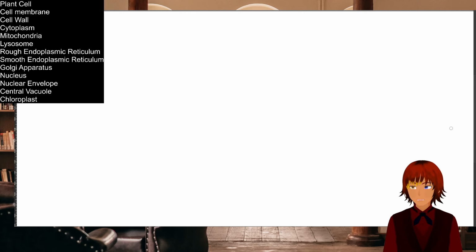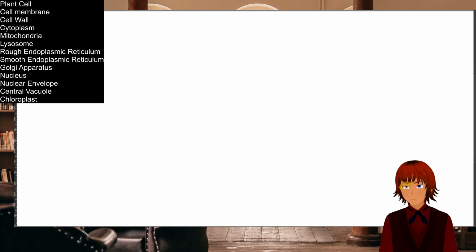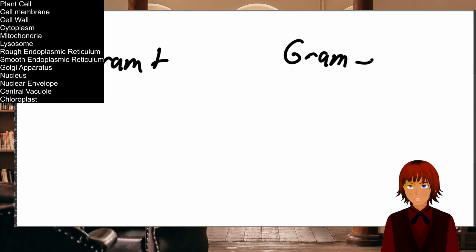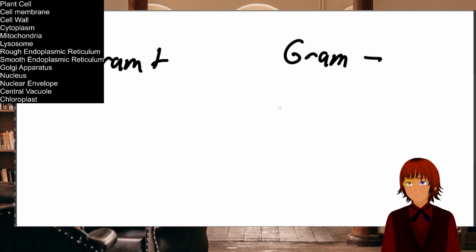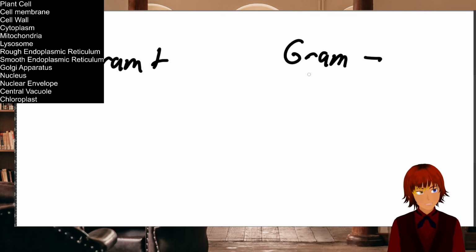Typically, bacteria can be organized into two separate categories, gram-positive and gram-negative. We call it that because there is a technique called a gram stain. The bacteria will turn a certain color if they're gram-positive, and if they're not turned, they're called gram-negative.